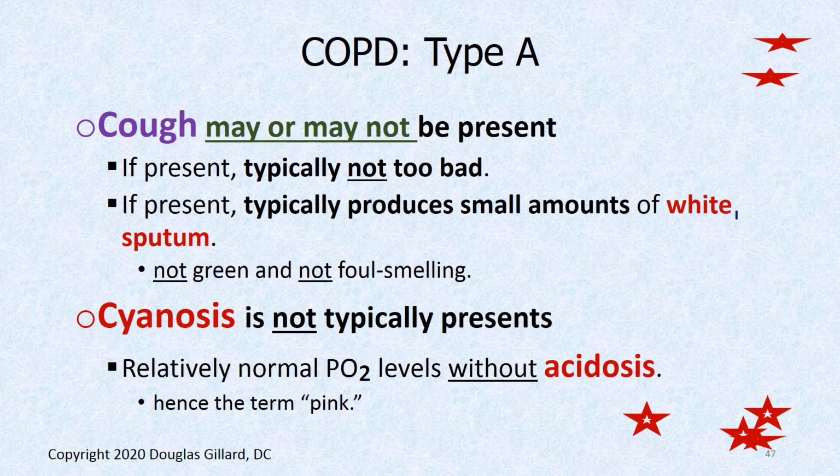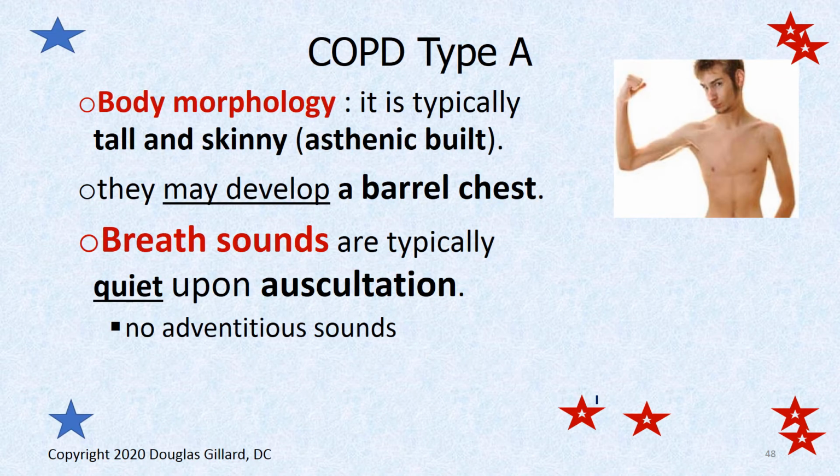It's not a coughing attack in the morning like the type B COPD patients have. It's not foul smelling. It's white. You can't see any signs of bacterial infection. Cyanosis, which is the blue bloater, is not typically present. So they don't have acidosis usually.